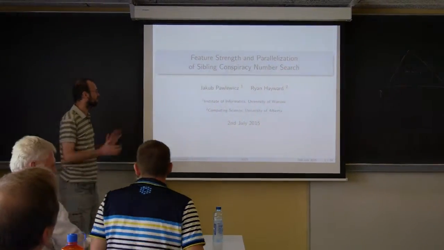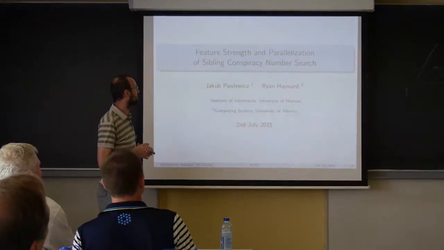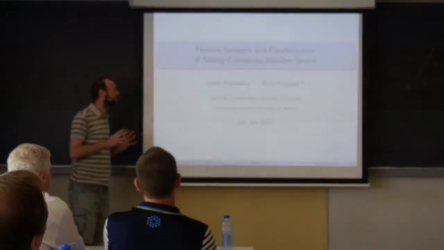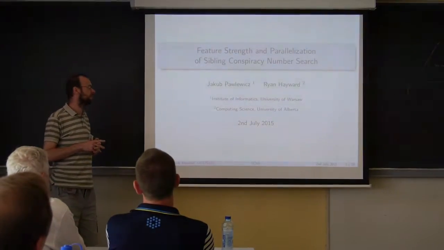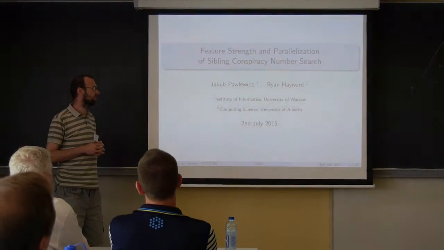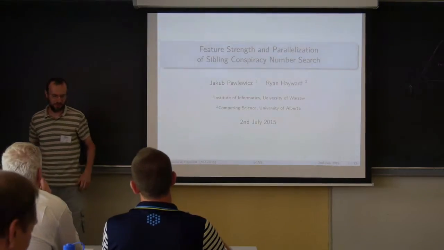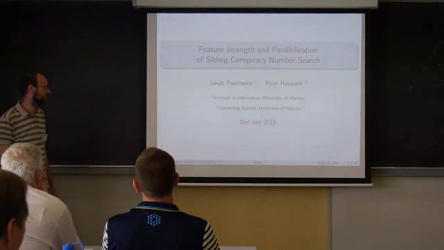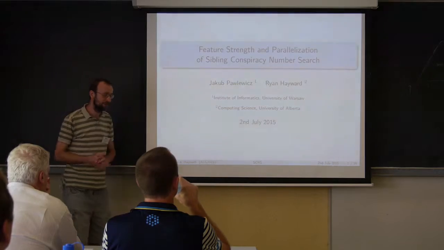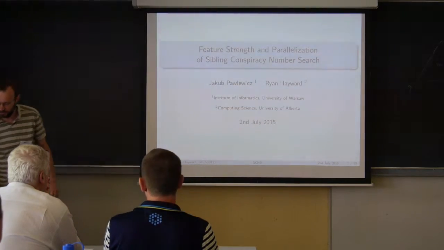Okay. So I will say how we adapted conspiracy number search for our Hex program, because we had a very strong PN search solver, but we also had some evaluation function. So conspiracy number search should fit there well.